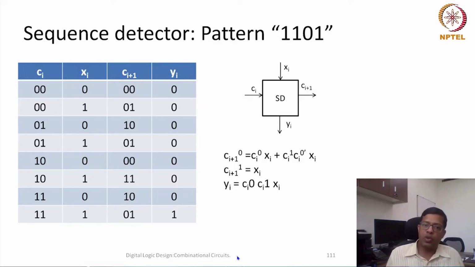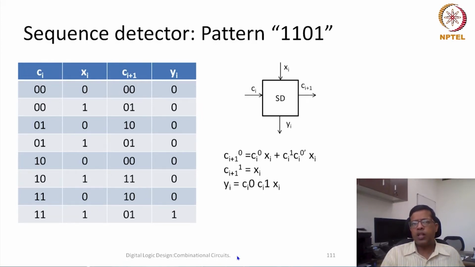Instead of iterative design, we'll use sequential design. In sequential design, some of the techniques can be applicable here also. We can apply those thoughts, at least, in designing it using a combinational circuit as well.